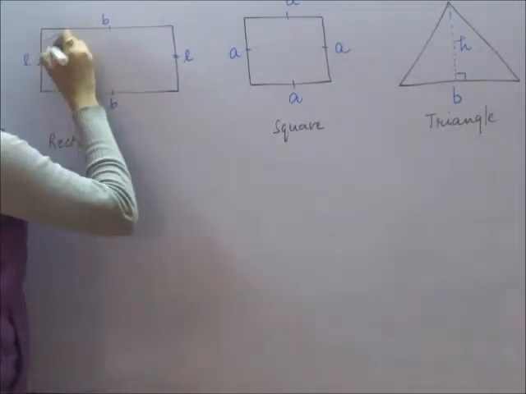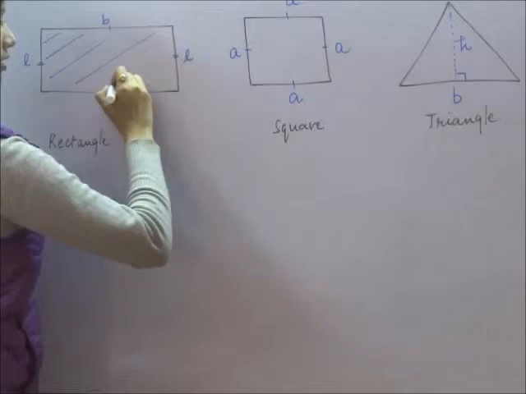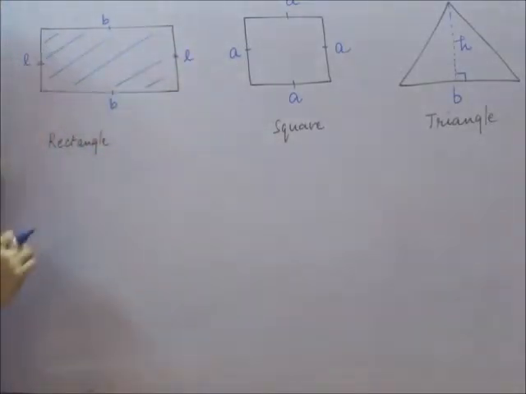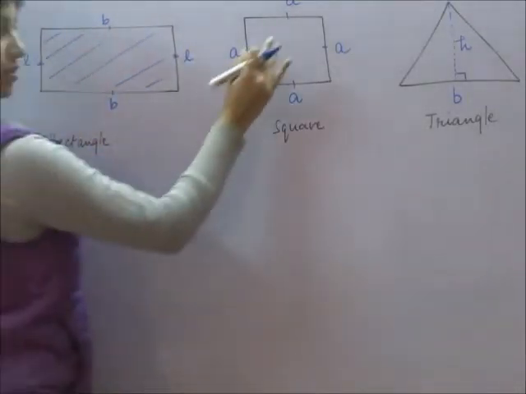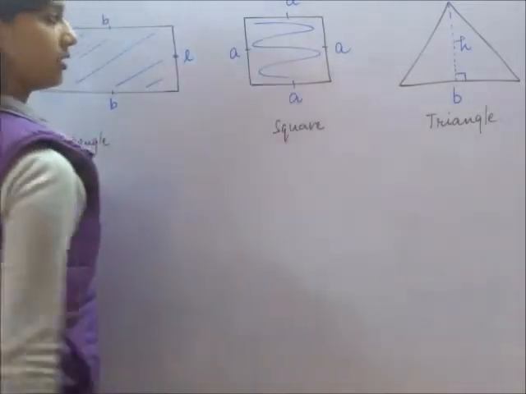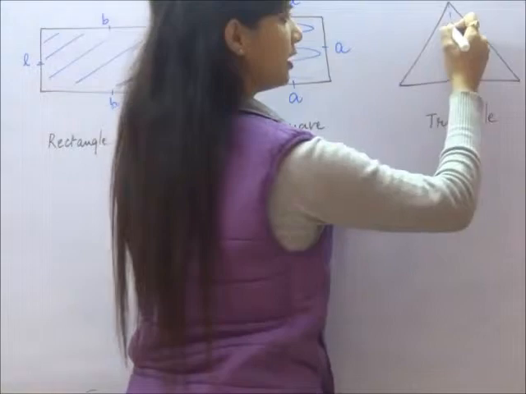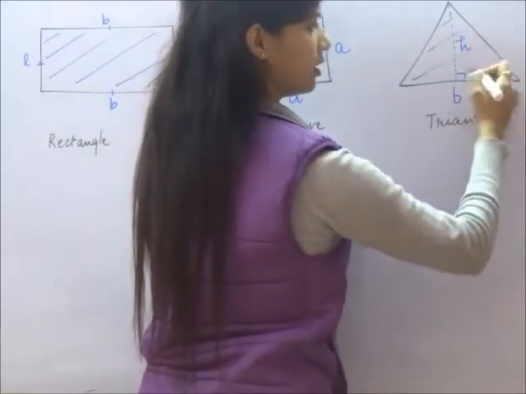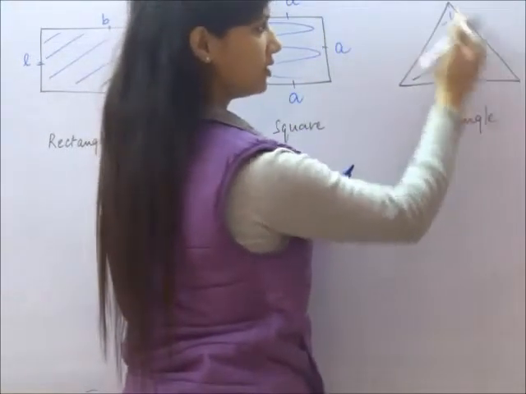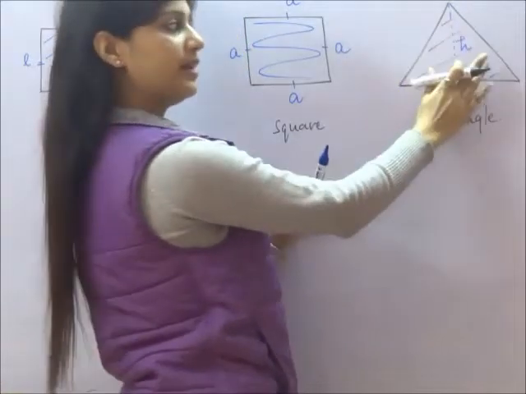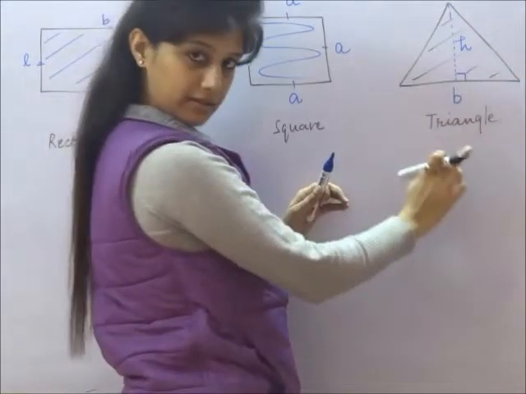Definitely it would be the region enclosed within this. For this, we know that this would be the area. Similarly for this, we know that this would be the area. The area enclosed within these three lines would be the area for this triangle.